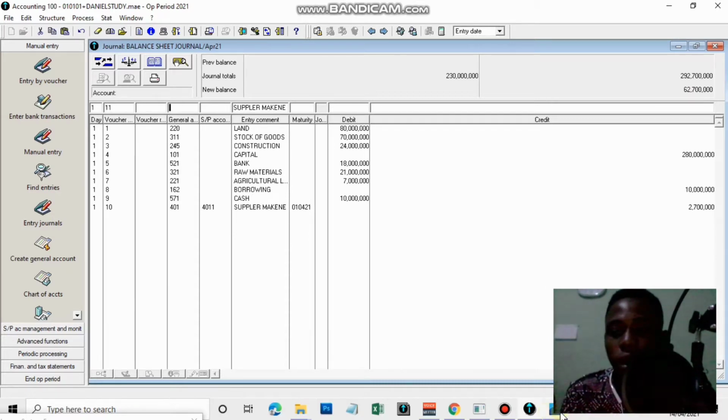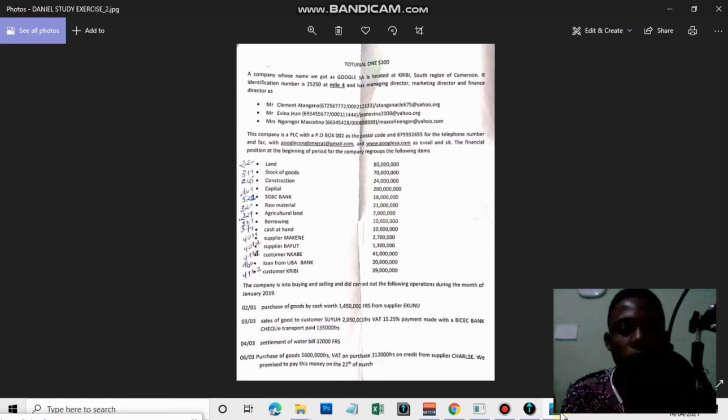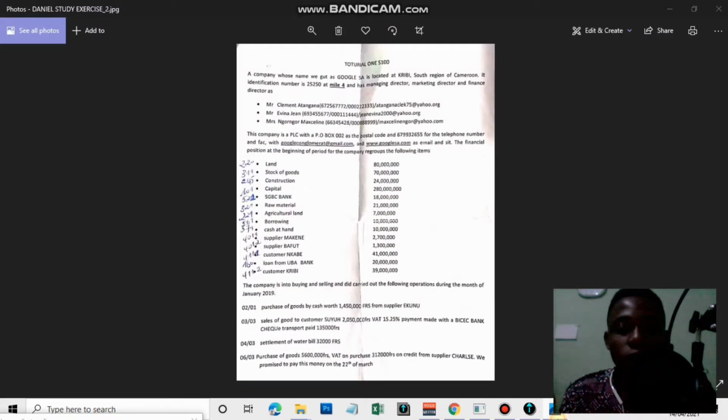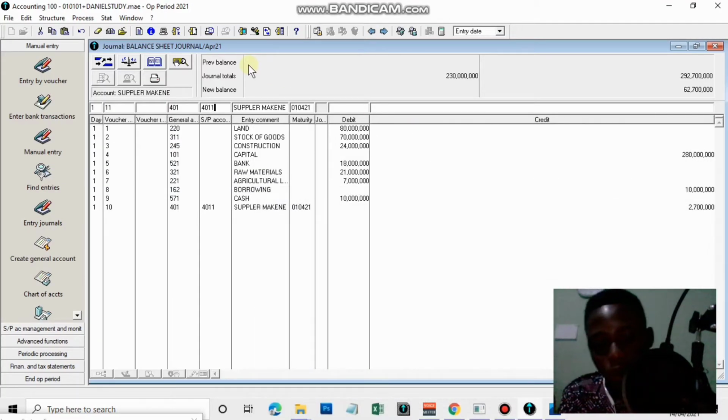So the next one. The general account, what was the next one? Supplier Bafut. The general account for supplier, first of all, is 401. Now we press the tab key and look at the SP account. The SP account for supplier Bafut is not 4011. It was the second supplier on our list. So we remove the one behind and put 2 and press the tab key.